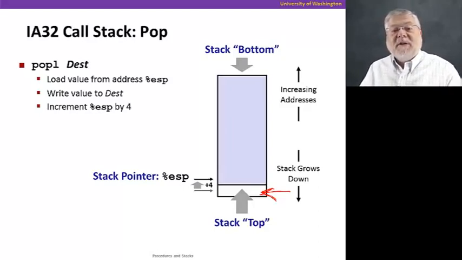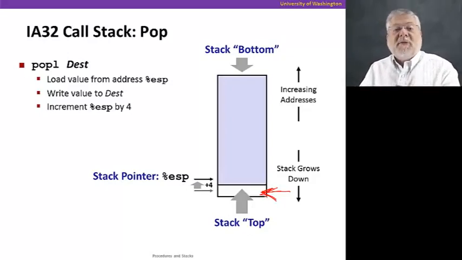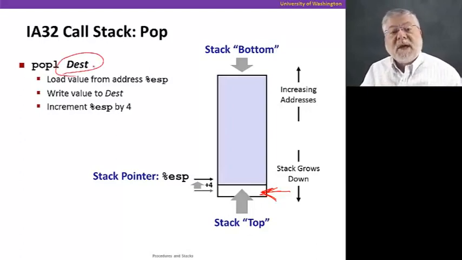We've effectively removed them in that sense, in that we can reclaim this space and push something new onto the stack and overwrite those bits because we don't care about them anymore. We've popped them off and gone and saved them away in our destination. Okay, so they're now safely stored there, and we can use the stack for other things.